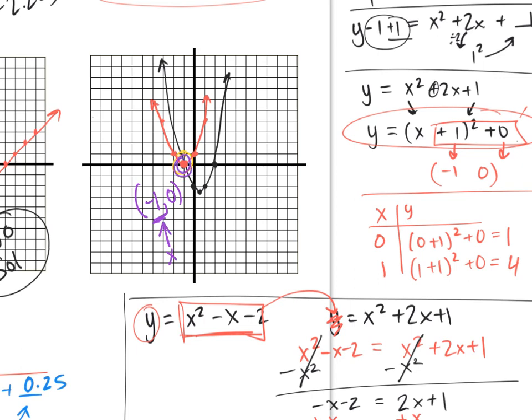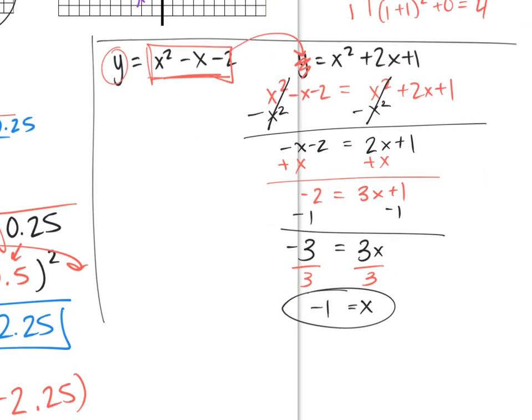Awesome, awesome, awesome. So then how do I check that this 0 is correct? Well, you plug in that x equals negative 1 into either one of these two equations. Let's plug it into this equation just to see what happens. Y equals, instead of writing x, I'm writing negative 1 because that's what we just found out x equals, minus negative 1 and then minus 2.